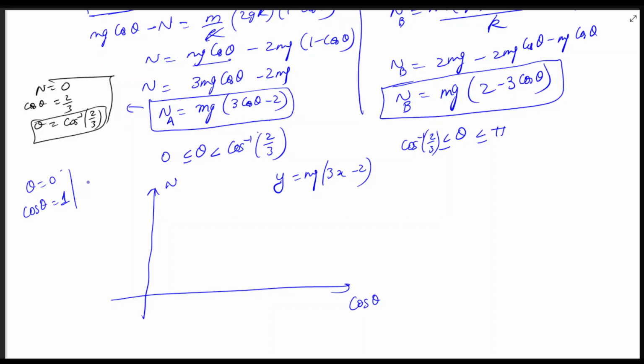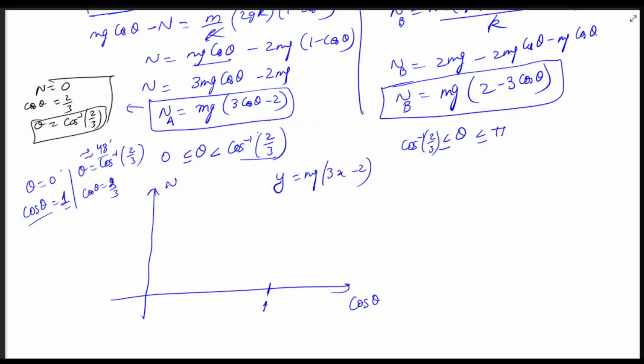And cos inverse 2 by 3, let me use the calculator. So this theta is approximately 48 degrees. So cos theta is 2 by 3, right? So we are talking about 0 to 48, so cos theta will be 1 to 2 by 3.